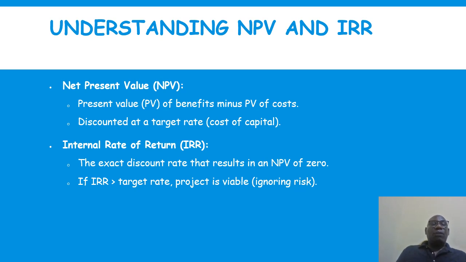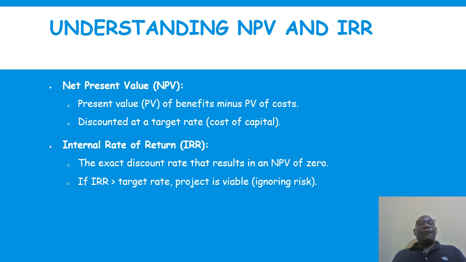Let us move on and look at the internal rate of return, IRR. Under the internal rate of return, we look for the exact discount rate that results in an NPV of 0. Internal rate of return is essentially the exact discount rate that results in an NPV of 0.